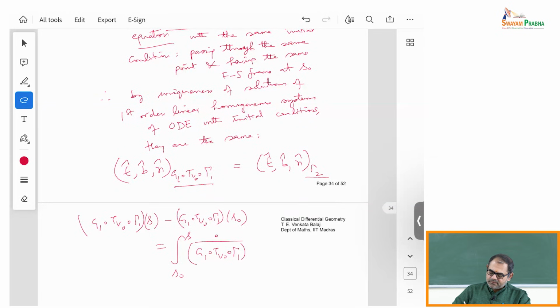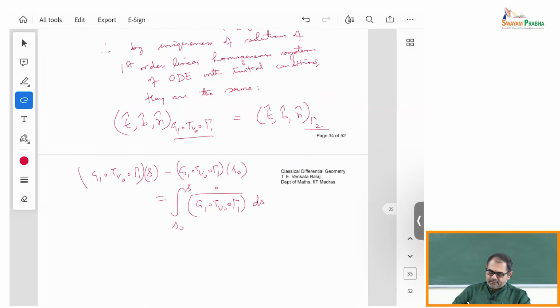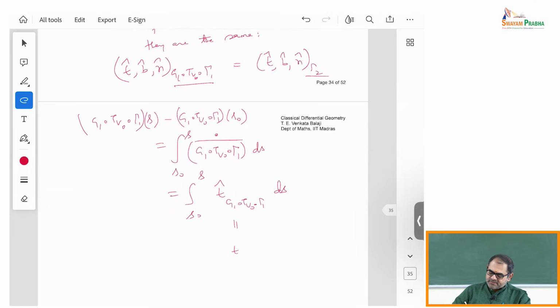But this is just the t cap, and this t cap is the same as the t cap for gamma 2.